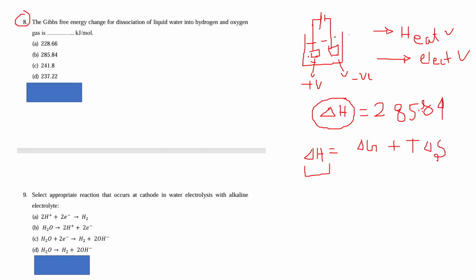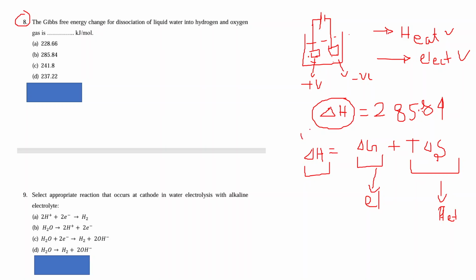Delta H equals total energy. Delta G is the electrical energy, and T delta S is the heat energy. Understand?